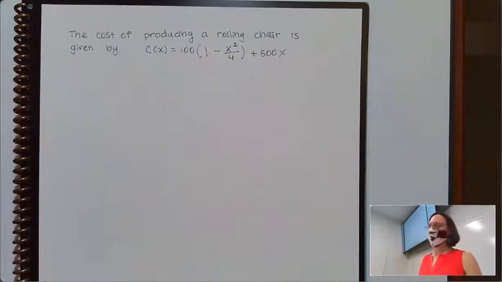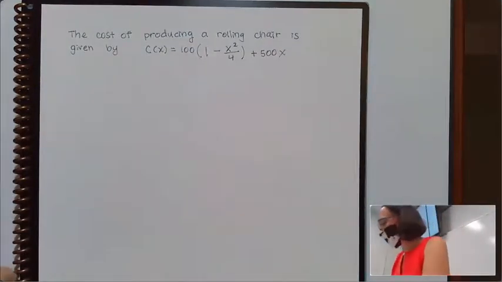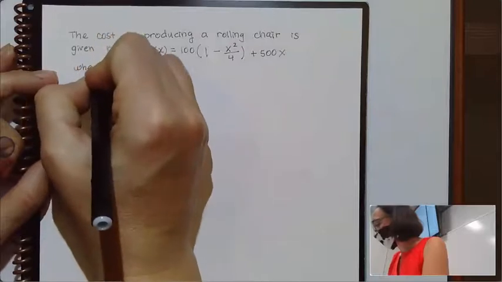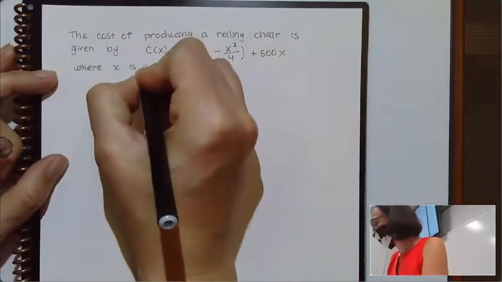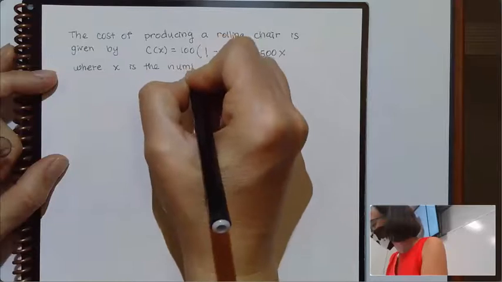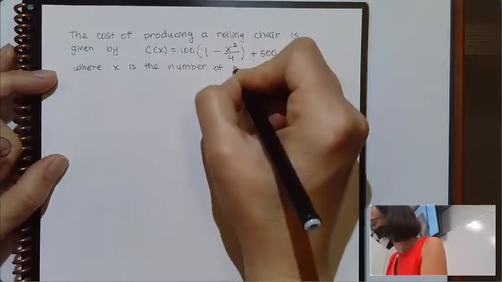But it'll get the point across. Where X is the number of chairs produced.